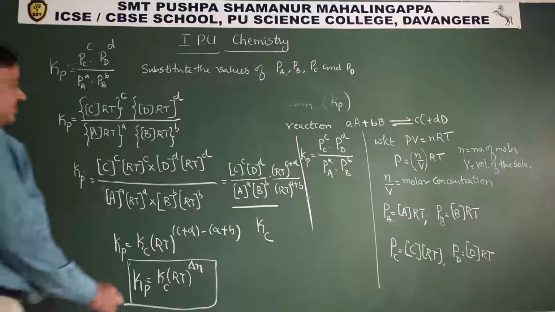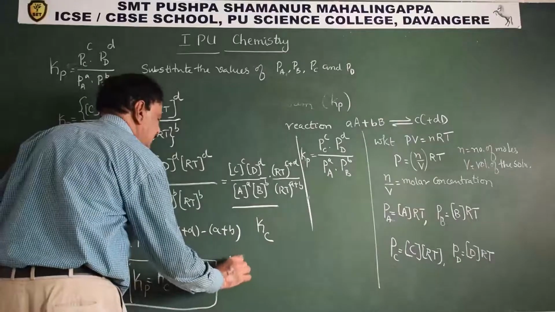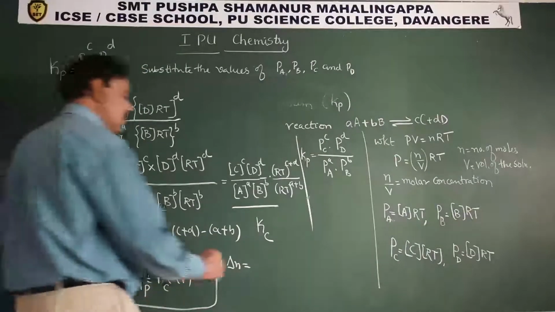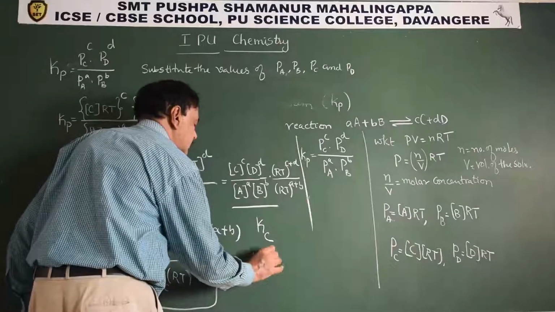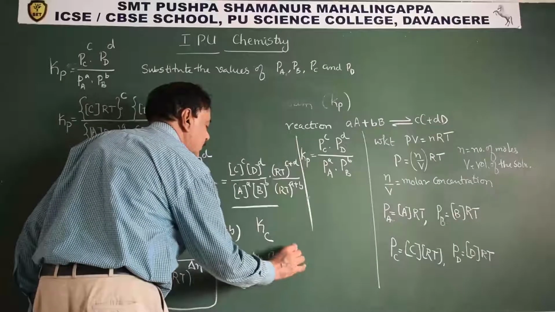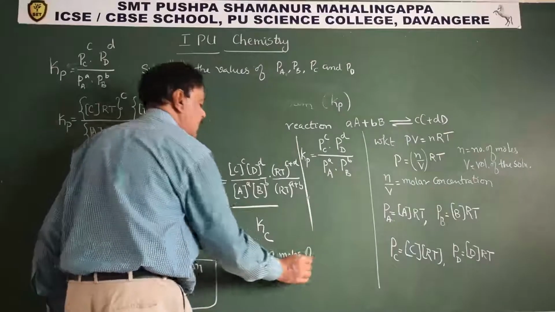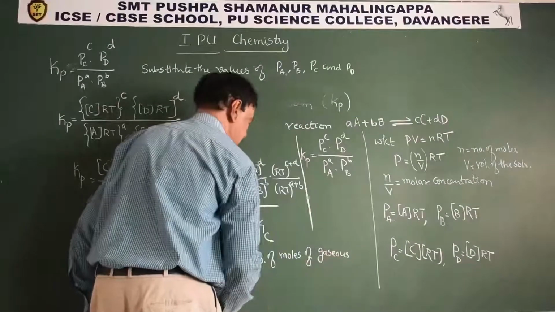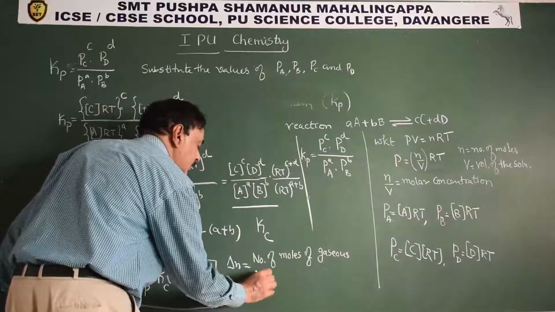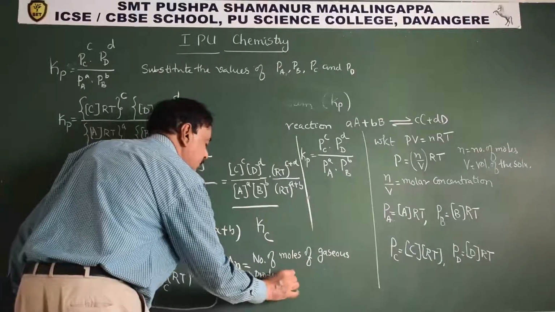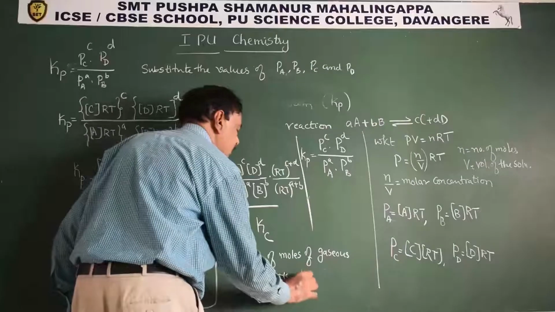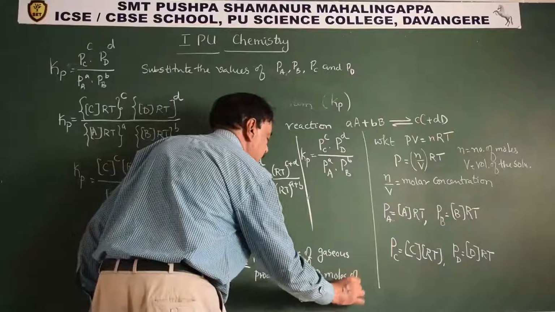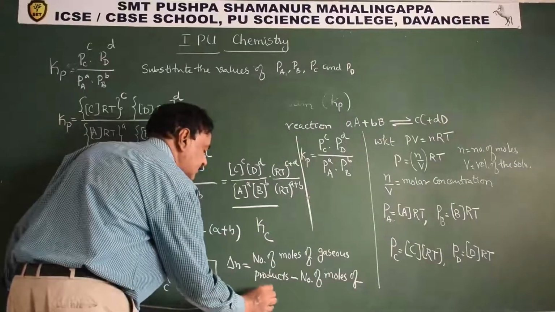Delta n is equal to the number of moles of gaseous products minus the number of moles of gaseous reactants.